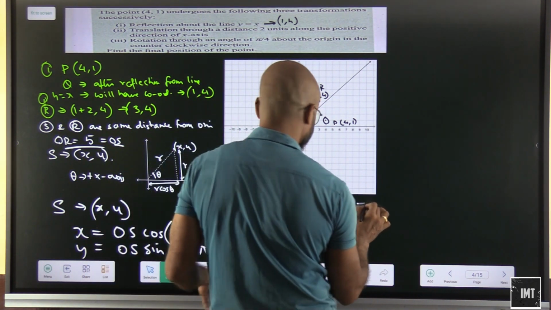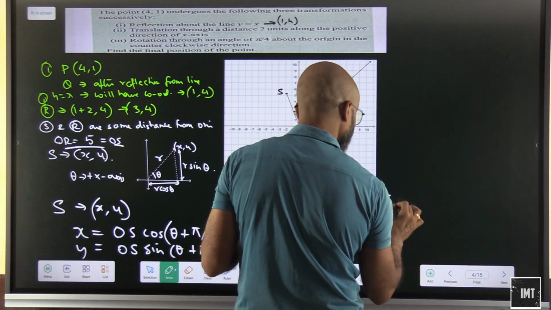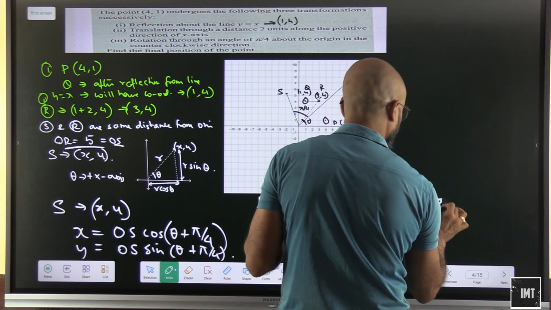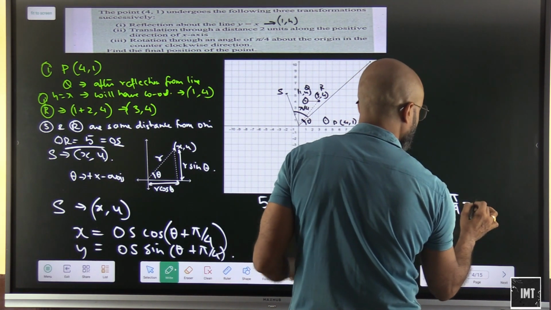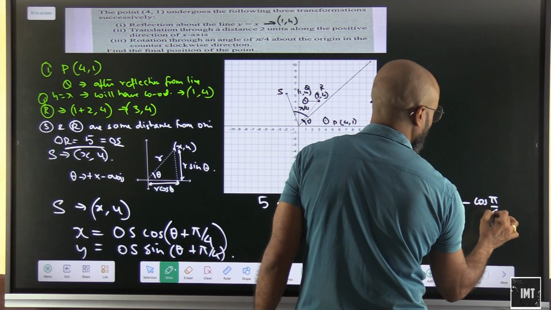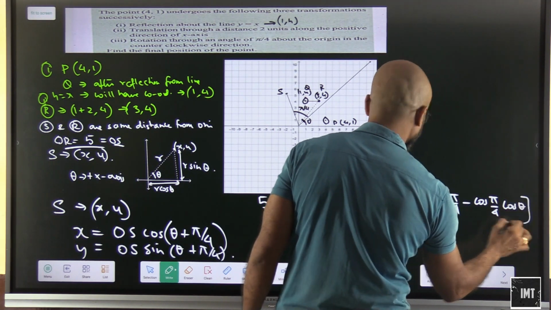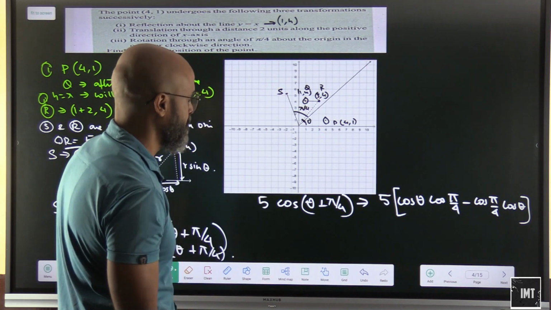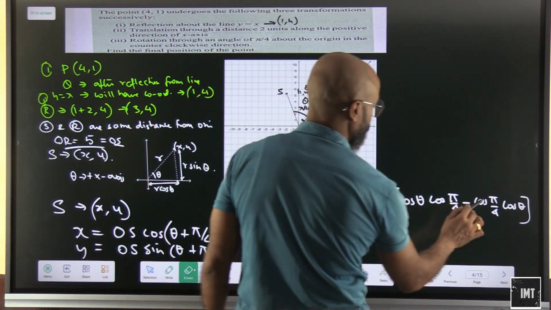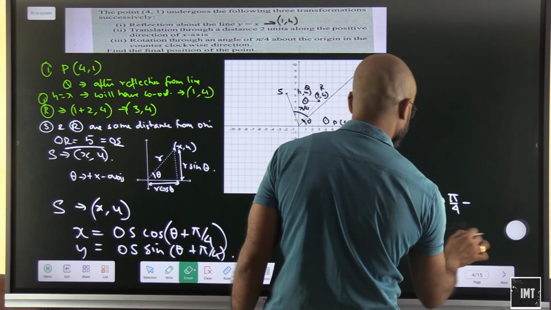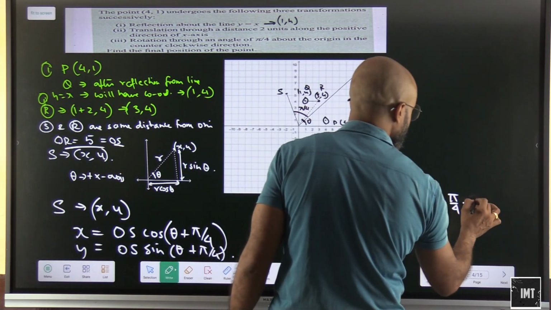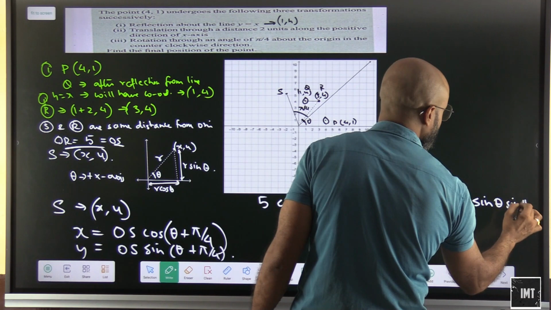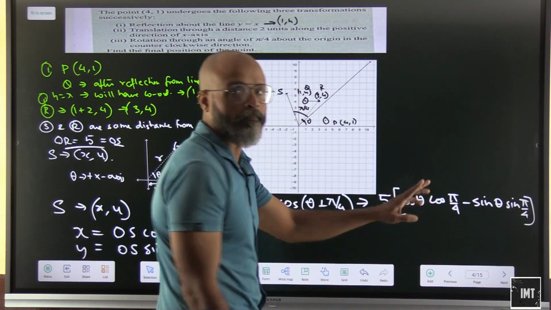If we expand this, we apply the formula: cos a plus b is cos a cos b minus sin a sin b.